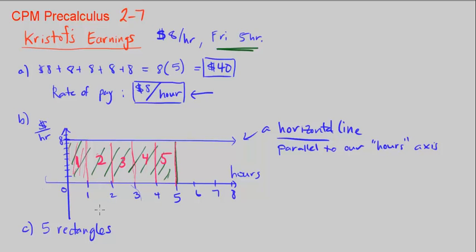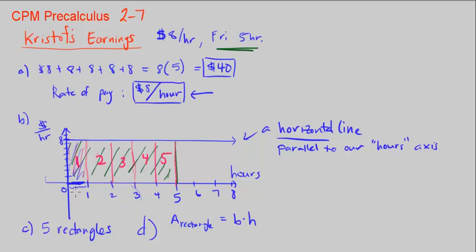Okay, D. Explain to the other people on your team what the area of each of the rectangles you created in part C represents. Hint, what are the units of each side? So for part D, what is the area of one of these rectangles? The area of a rectangle is just the base times the height. What are the units of this base?